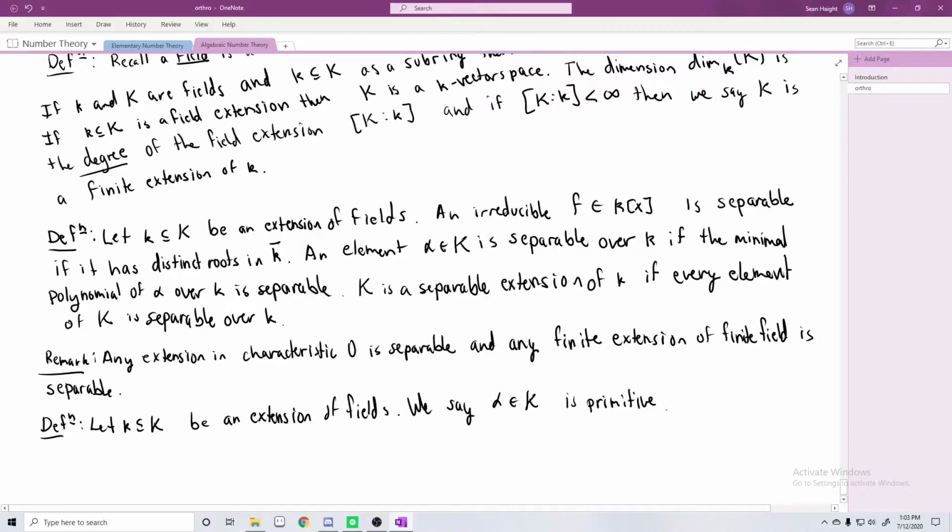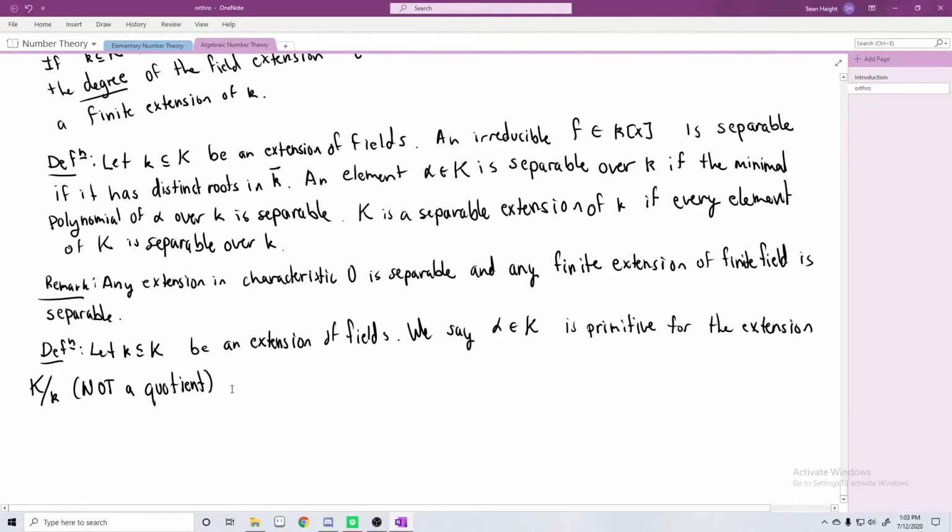This does not mean a quotient. We say alpha in K is primitive for the extension if all I have to do to get big K is join alpha to little k.